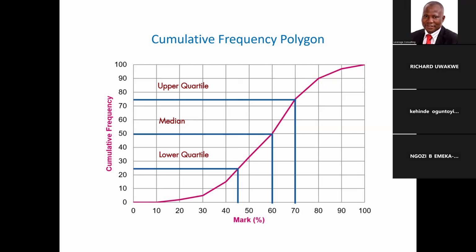So position 75 on the frequency corresponds with mark 70. Can you see? Position 25 is mark 45. So in those days, when you do this statistic, that's what you measure on the graph. What is the median? The median value is 60.